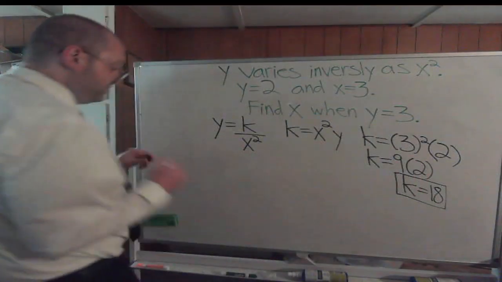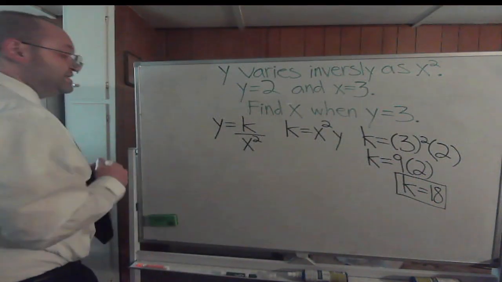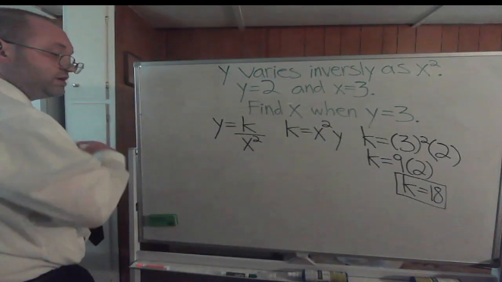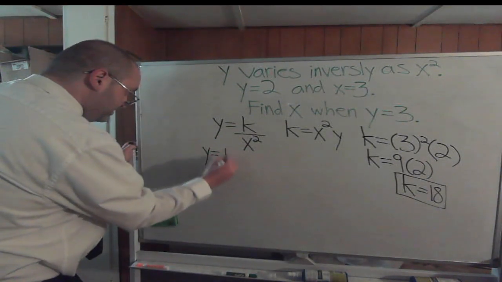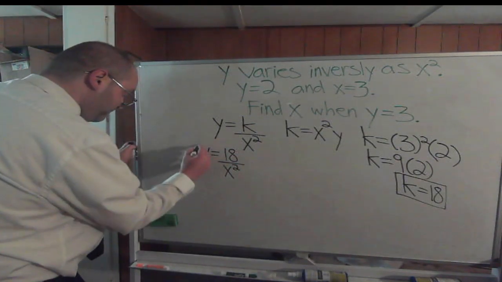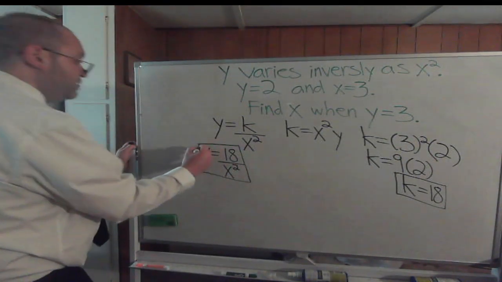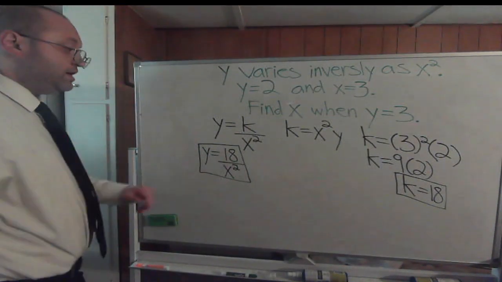That's one piece of the puzzle. Next piece is find the new equation with that constant of variation. You'll get y equals 18 over x squared. So the equation of inverse variation is y equals 18 over x squared.